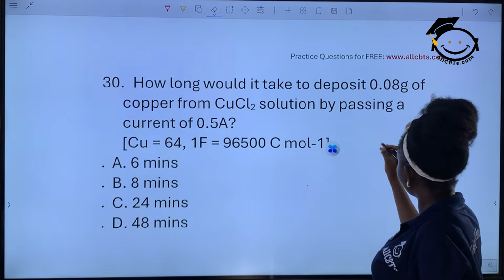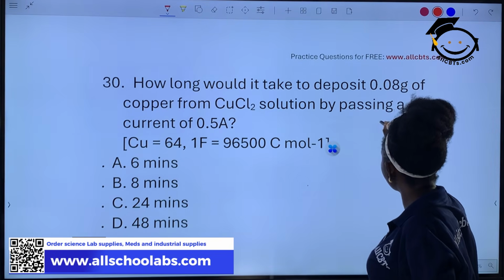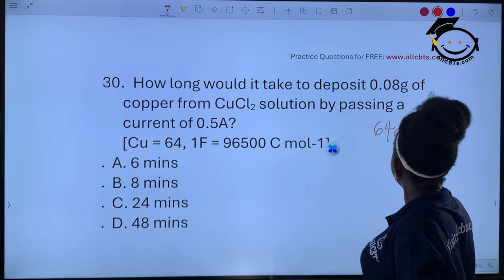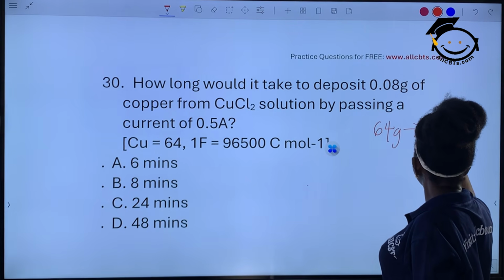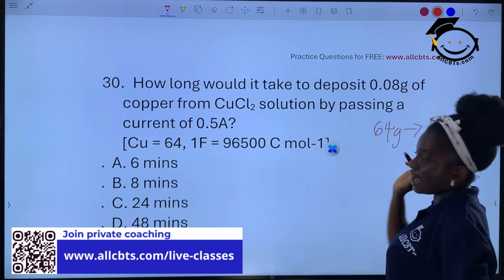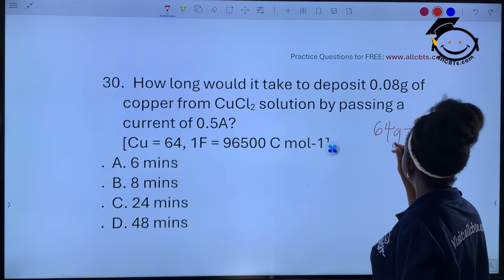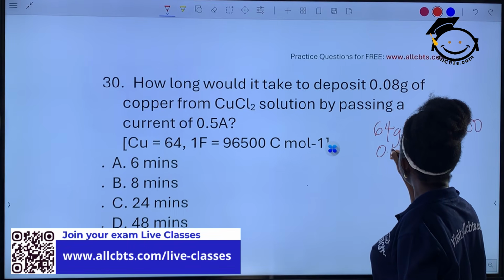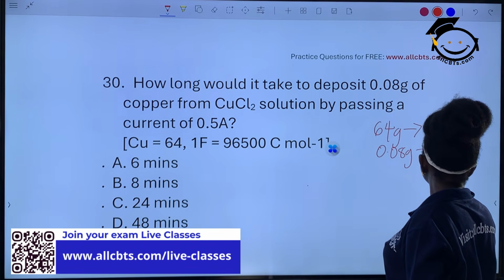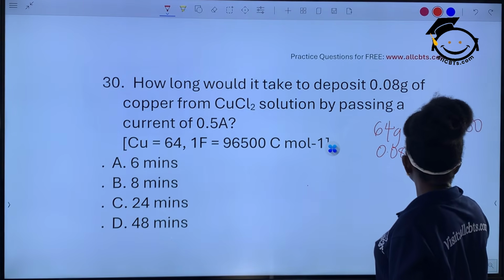Okay, so if 64 gram gives 193,500, how many charge will this 0.08 gram give? We don't know. So let's do our calculation.